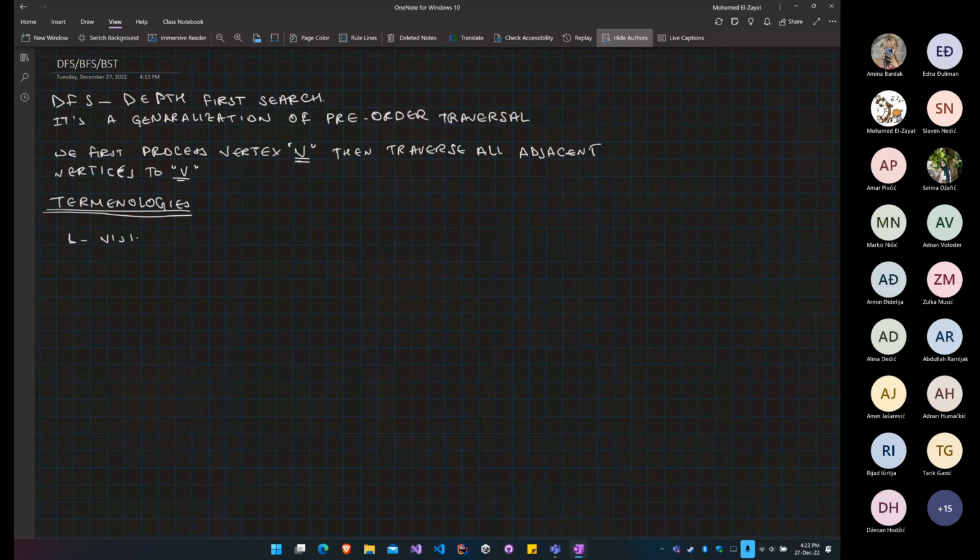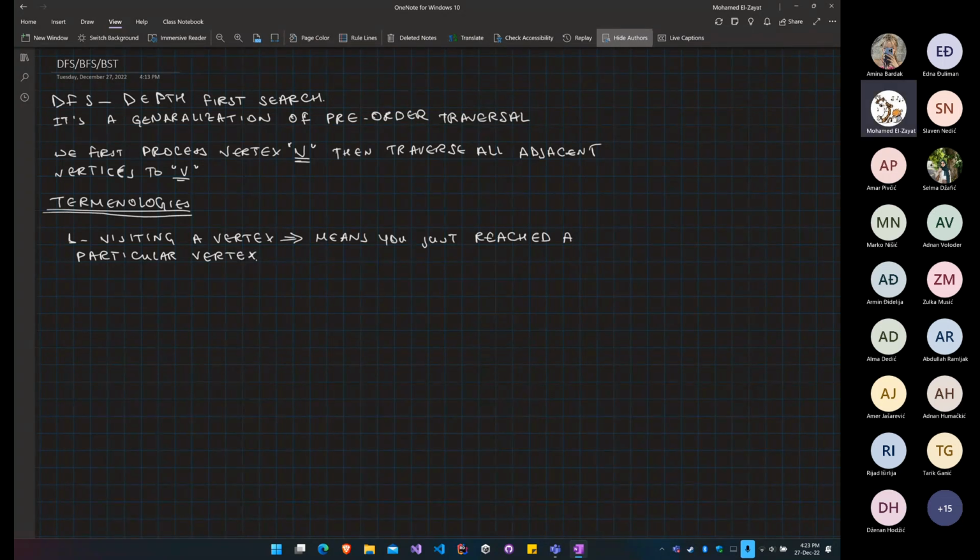Visiting a vertex means you just reached a particular vertex in a graph, obviously.